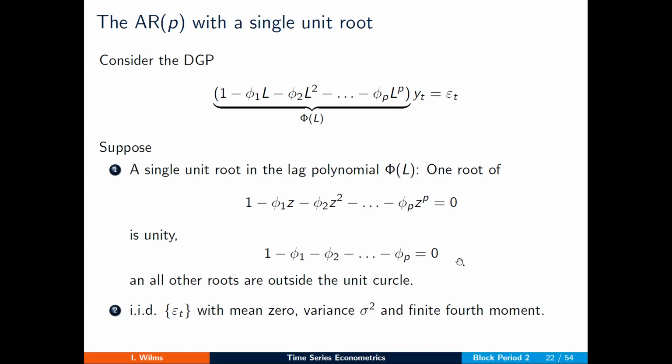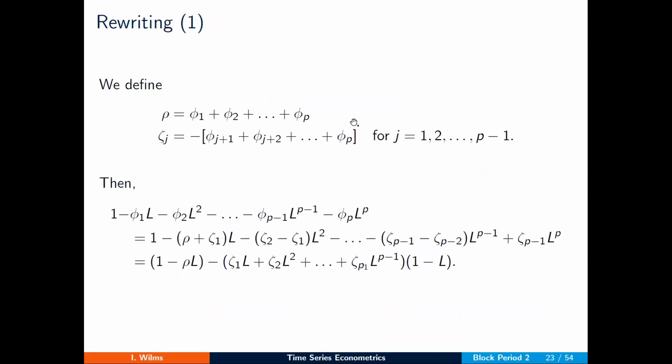Now, before looking into our specific case, let me also introduce some new notation, which will be convenient later on. The sum of these AR parameters will often pop up, and I denote this sum in short by rho. Also, the zeta j's will be useful to rewrite the AR(p) process.